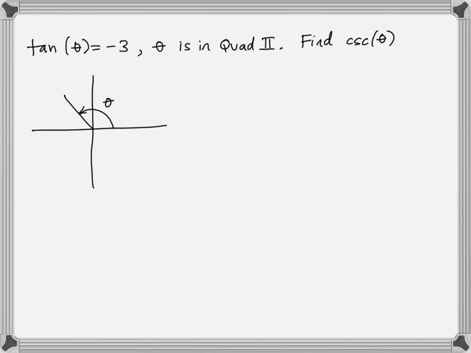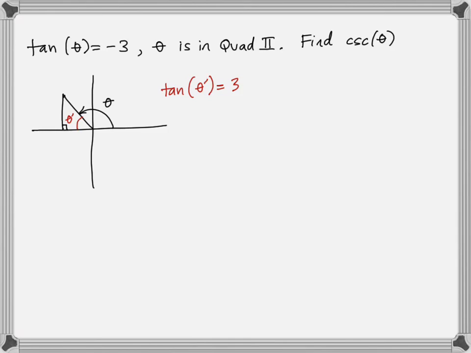Okay, this works for going from any trig function of an angle to any other trig function that you might want. So again, I'm going to build a right triangle with my reference angle, because I know that the tangent of theta prime is the same as the tangent of theta.